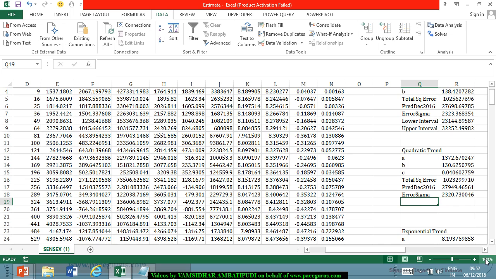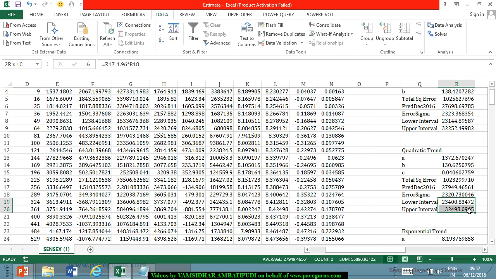So this model, if I go with lower interval, it comes out as the predicted value minus 1.96 times the sigma, which is saying 23,400, and upper interval is the predicted value plus 1.96 times the sigma, which is 32,498.